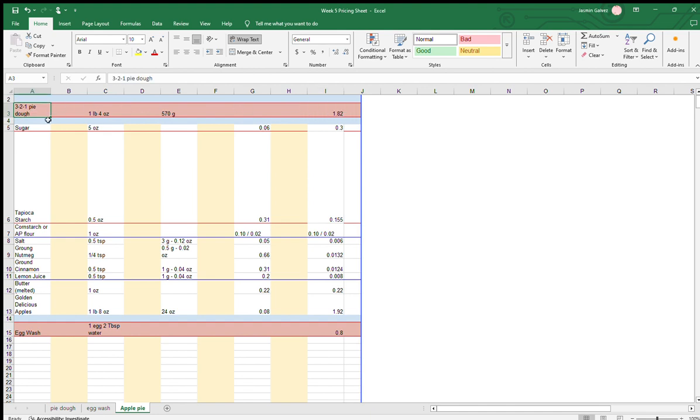For sugar, again, 0.06 cents multiplied by the amount of ounces is going to equal your extension. Let me write this down. These are all extensions.